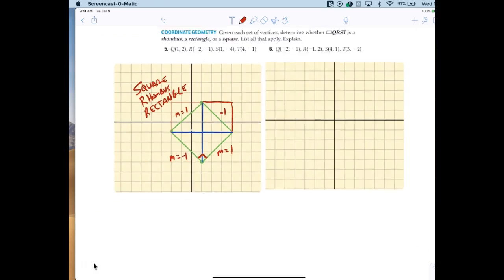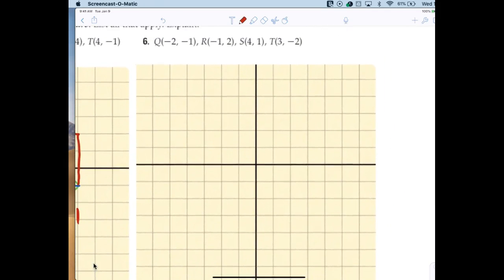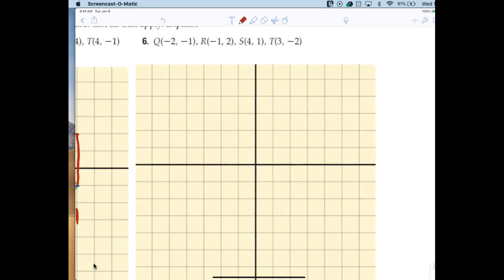All right, so let's just do number 6 together. -2, -1. -1, +2.